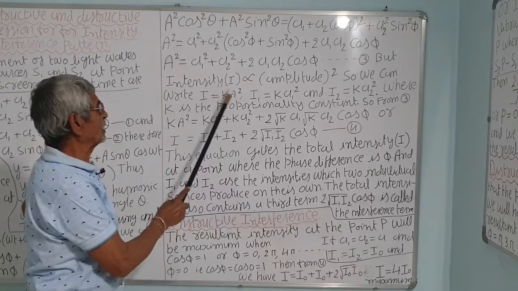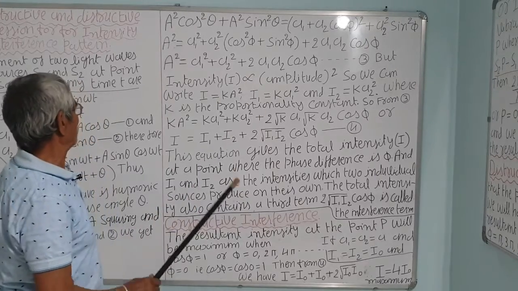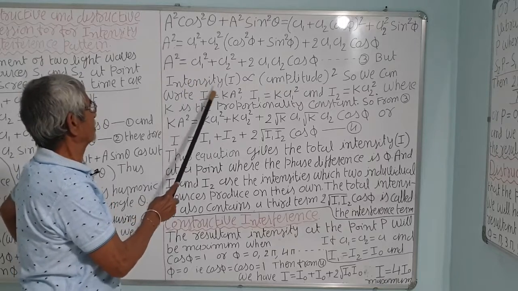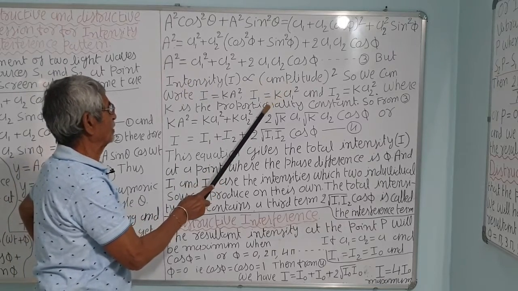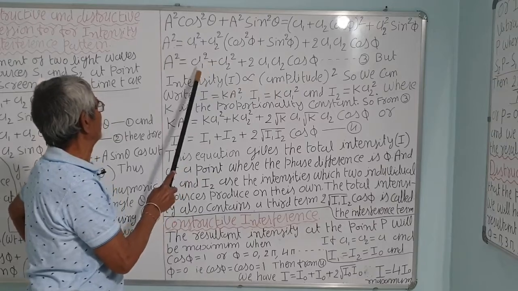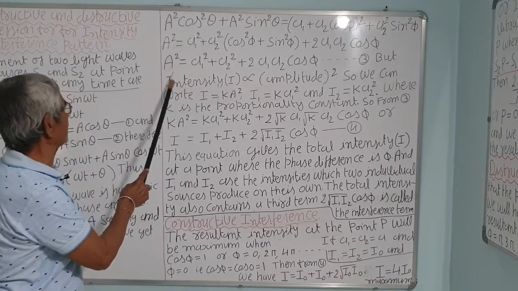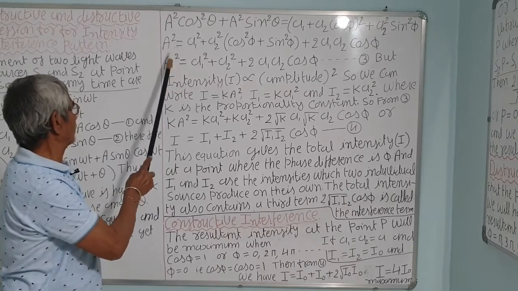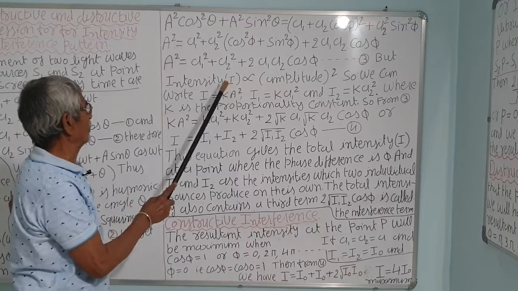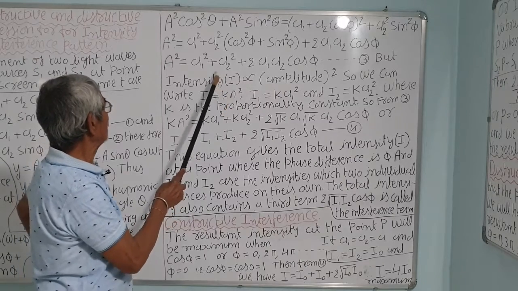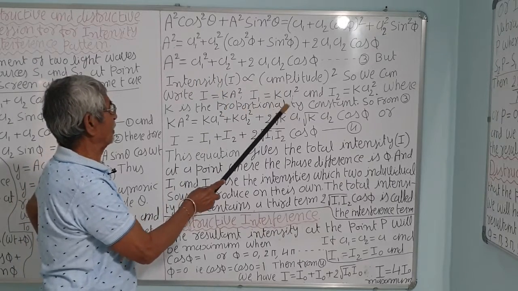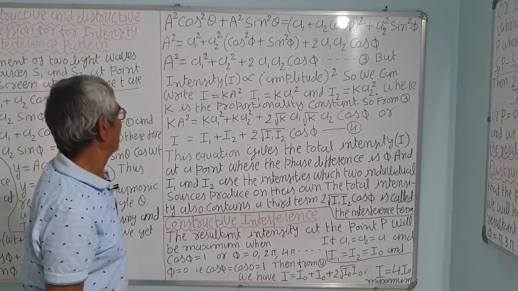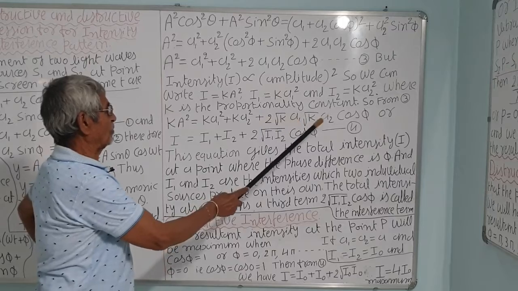Now intensity is directly proportional to the square of the amplitude. If I is the intensity and A is the amplitude, then I is proportional to A square, so I equals K A square, where K is the proportionality constant.